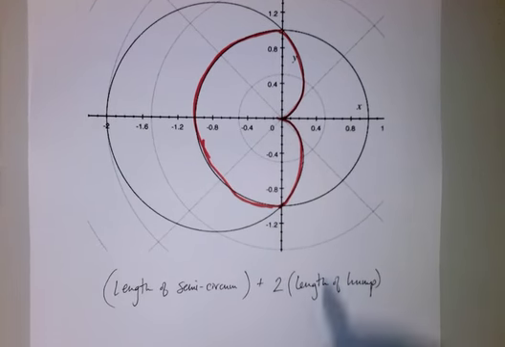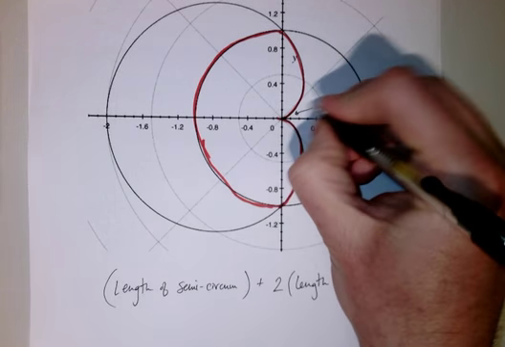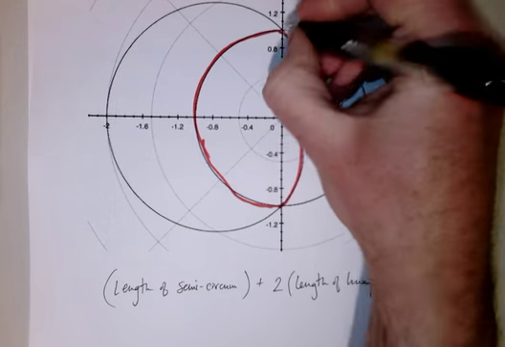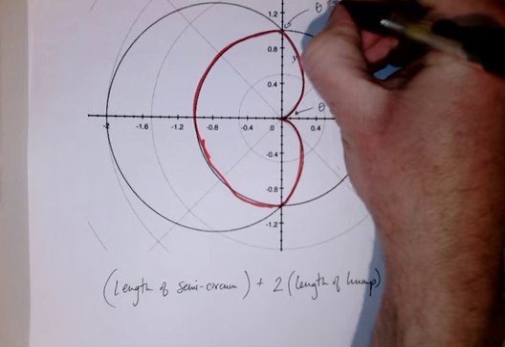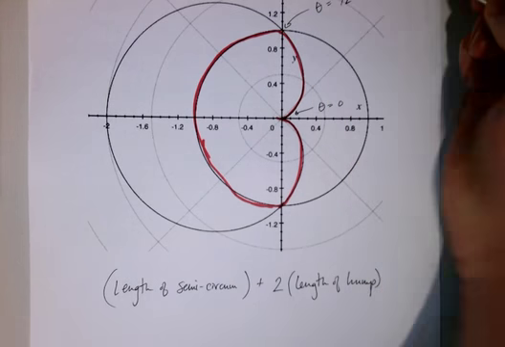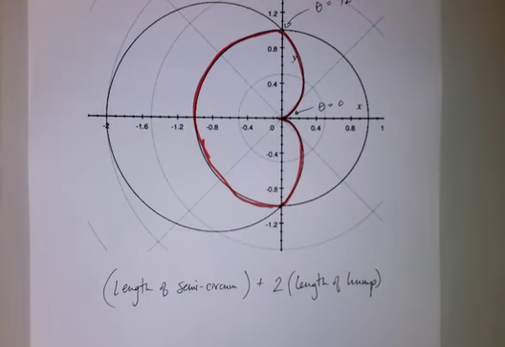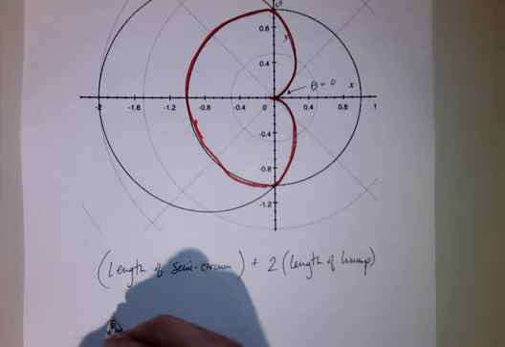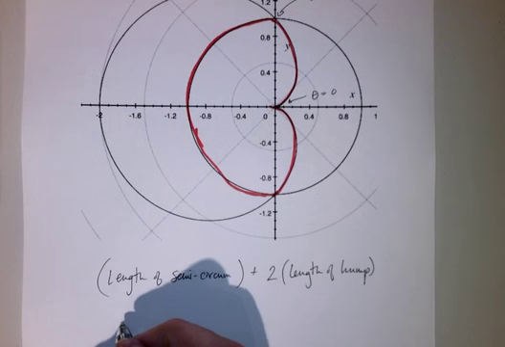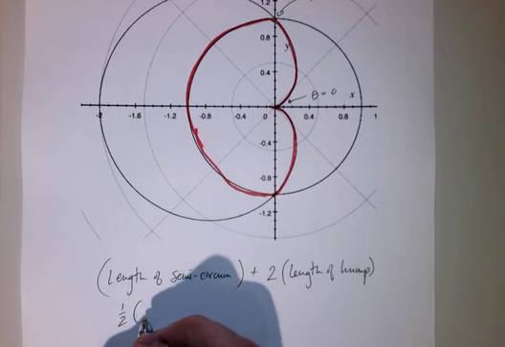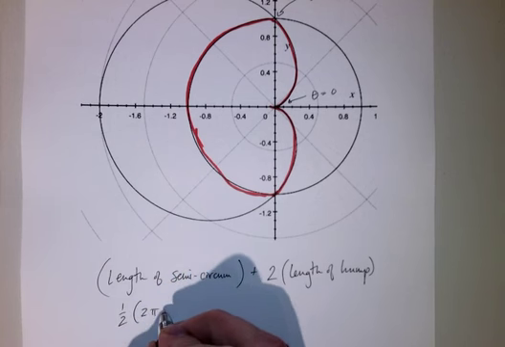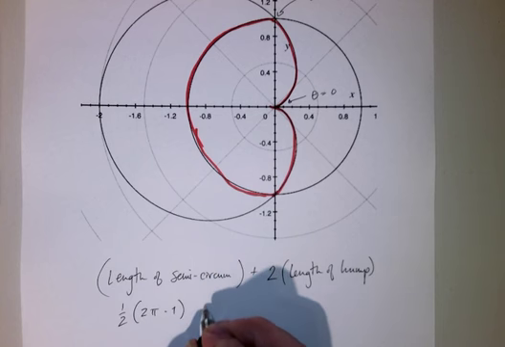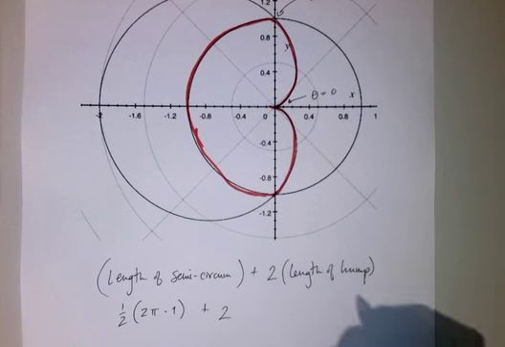Now, this right here is theta equal to 0, and this right here is theta equal to pi over 2. That means the length of the semicircle is 1/2 times 2 pi r, and r is 1. And then it's 2 times the length of the hump.